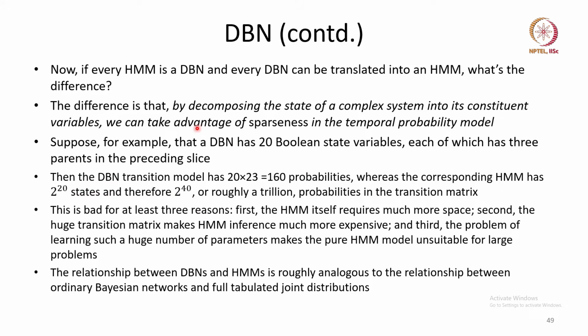So obviously the DBN is much simpler to use than the HMM, even though they are analogous in many ways. This is something like the relation between the Bayesian network and the joint distributions which we spoke of last time, right?